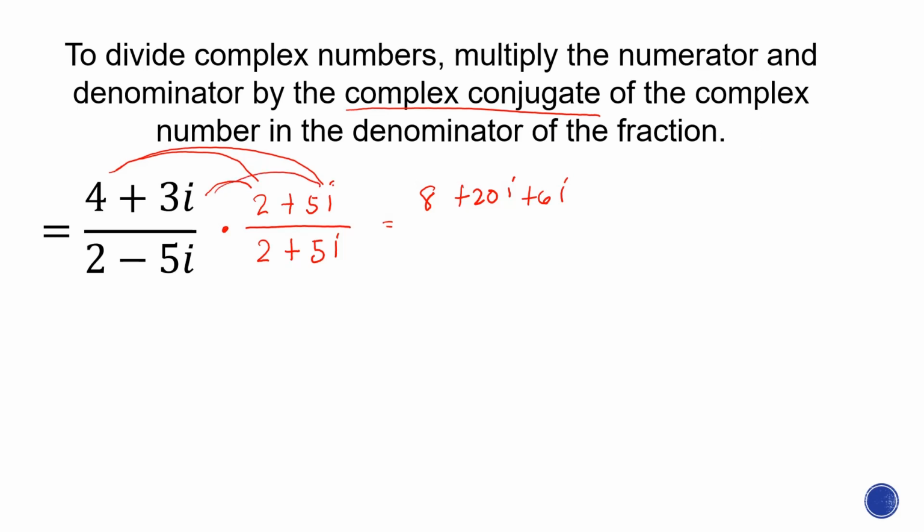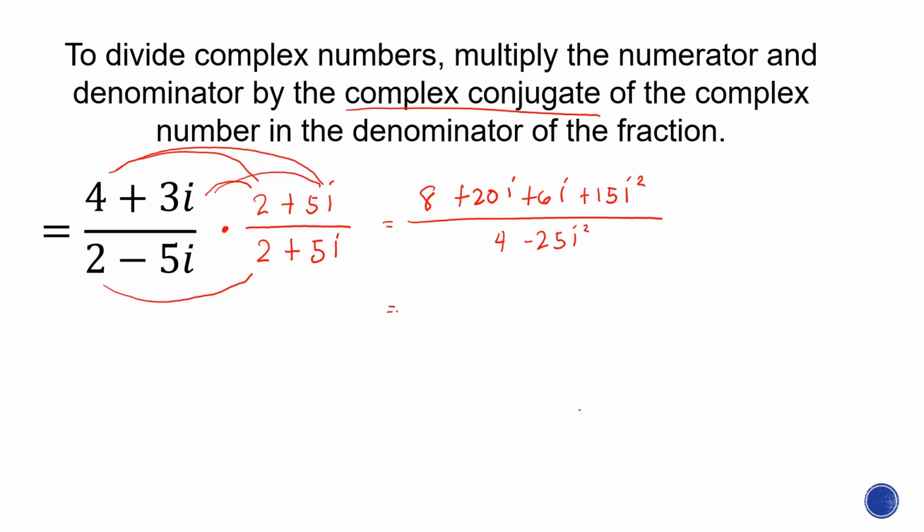And then the last terms, 3 times 5 is 15i squared. Divided by, now in the denominator, we can use the FOIL method, but there's a shortcut here. We just need to multiply the first terms and the last terms. So this will give us 4 minus 25i squared.